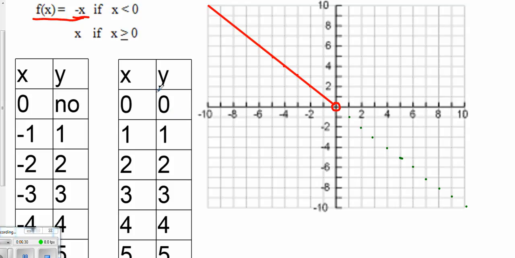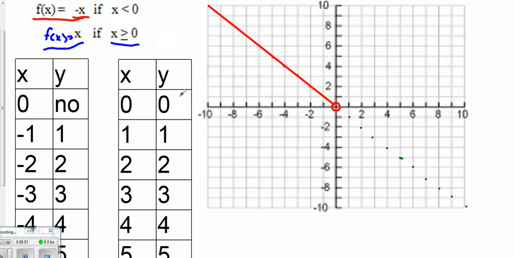Well, that would be this table. If x is greater than or equal to 0, we're using this one. We're using f of x equals just straight up x. So notice, I can plug in x is 0 or equal to 0, and I'd get out 0 because this is my function.